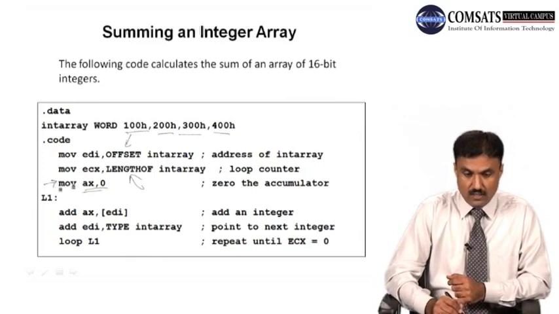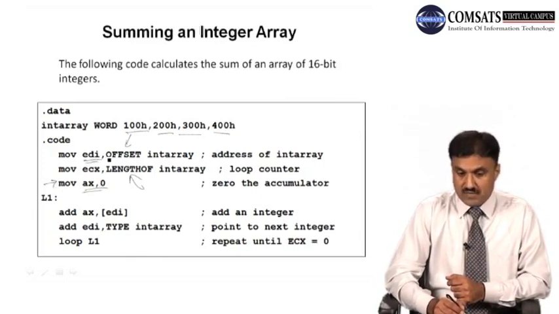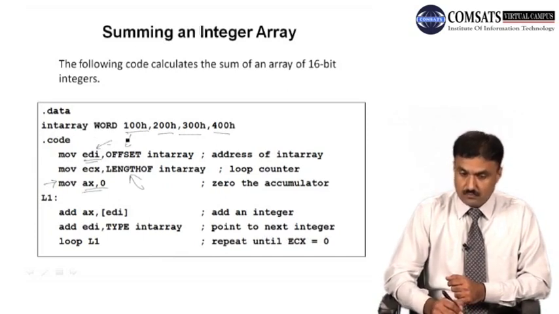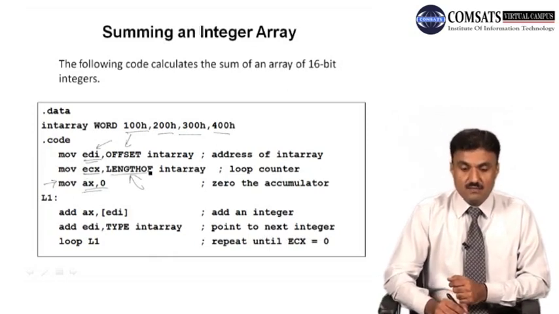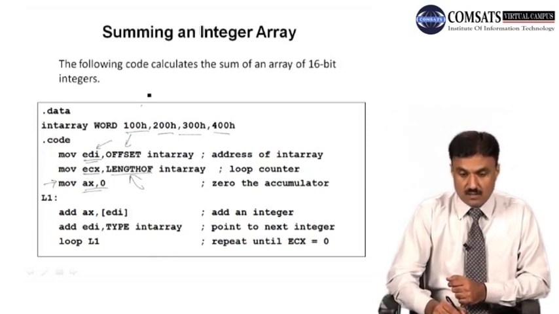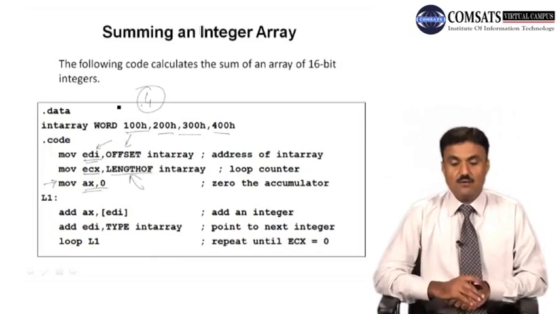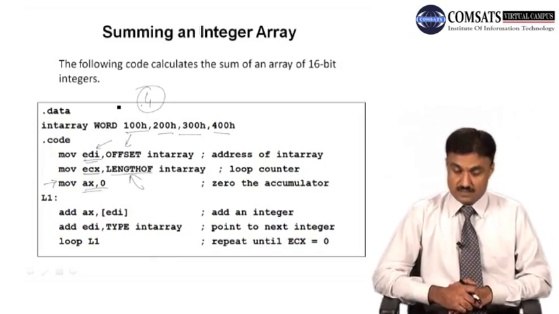This register will store the result. Here you can see EDI has the starting address of this integer array, and ECX is the length, meaning how many elements there are. There are 4 elements, so 4 is stored in ECX.